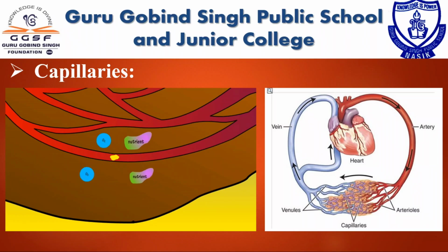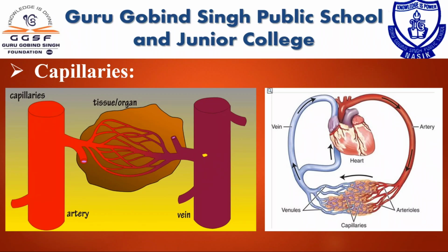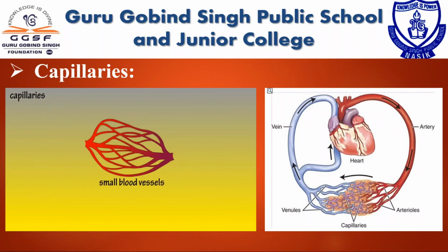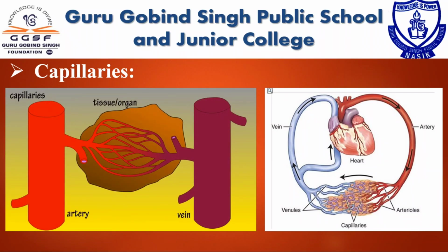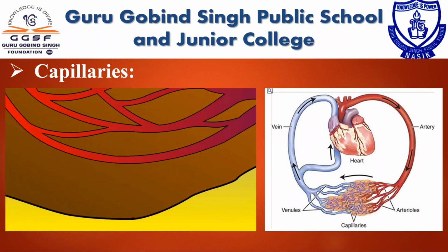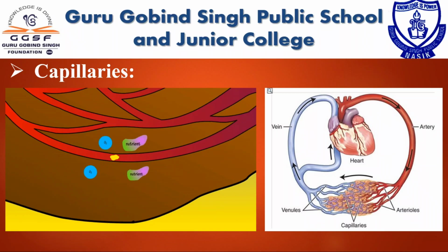Due to this, exchange of materials like oxygen, nutrients, hormones, vitamins, etc. takes place between capillaries and cells easily. Capillaries connect arteries to veins and help in exchange of substances across cells.